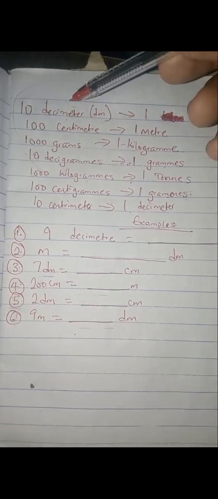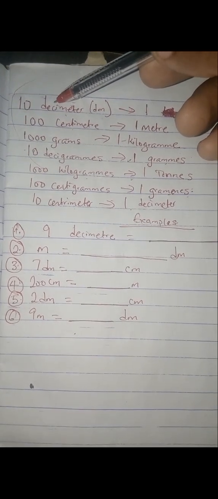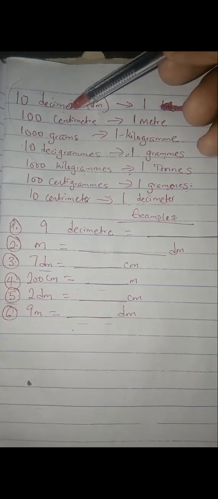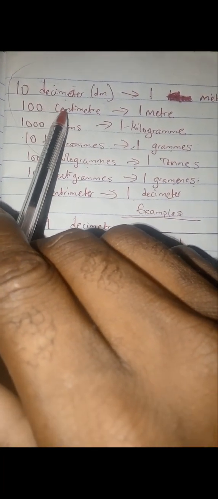Now, we have here deci. Remember I told you de means 10. Deci meter. This is simply telling you that for this meter to stand alone, we need 10 decimeters. De, remember, stands for 10.